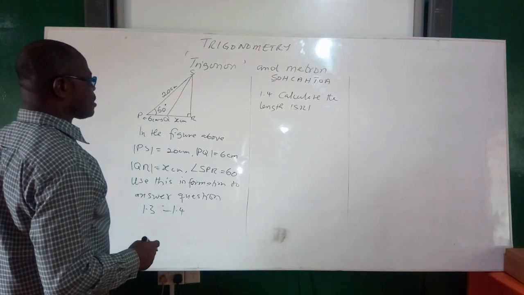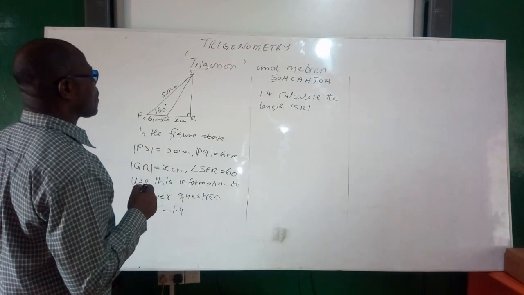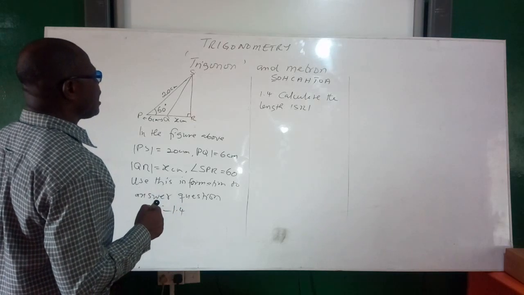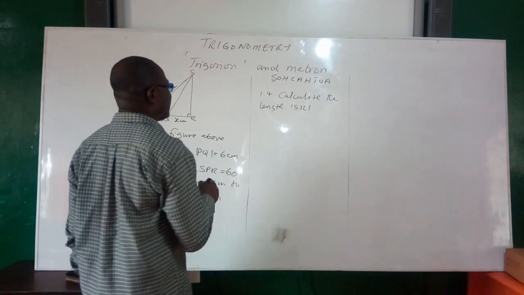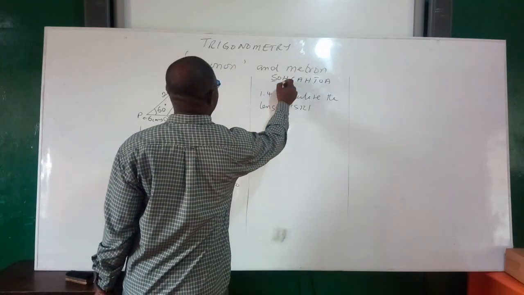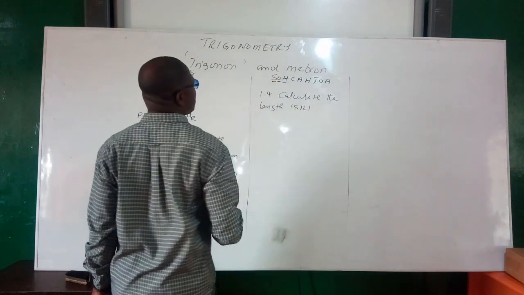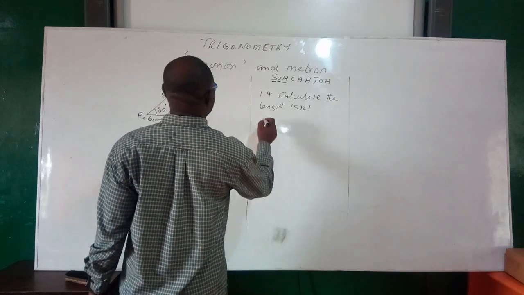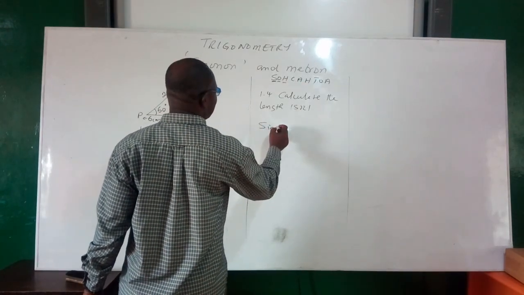So if we go to SOHCAHTOA, when we have been asked to find the opposite and we know the hypotenuse, it means that we'll be going for sine.